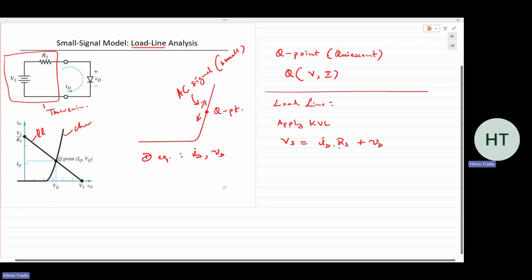To plot this, we take the two endpoints where it intersects the X and Y axis. Choose values ID equal to 0 and VD equal to 0 and solve for the other quantity.